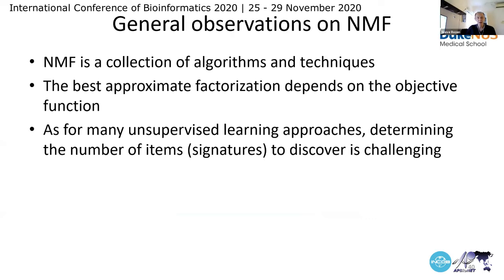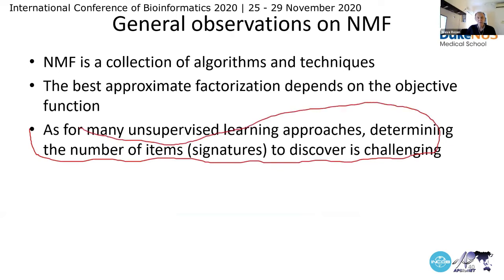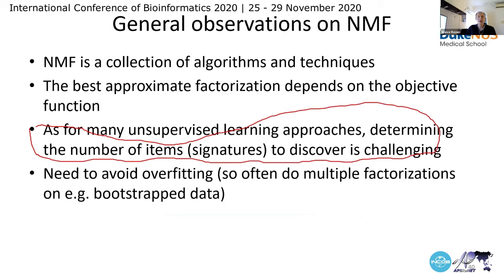So this turns out to be quite an important challenge in practice. And it's also important to avoid overfitting, which is related to the previous bullet. So techniques often do multiple factorizations on bootstrap data to try to avoid overfitting in the machine learning.